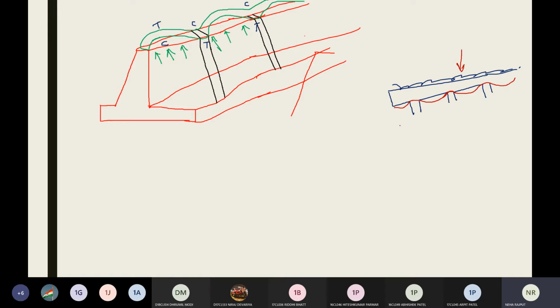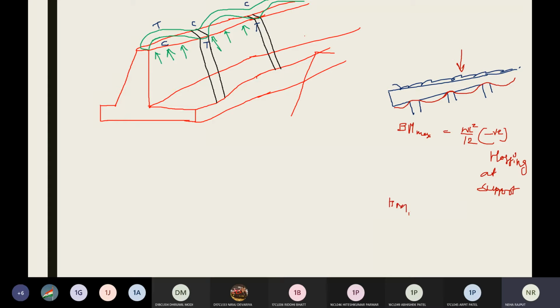So for hogging moment, maximum bending moment for hogging is WL square by 12. Right, for hogging moment means negative moment. Negative or hogging, at support, maximum bending moment.